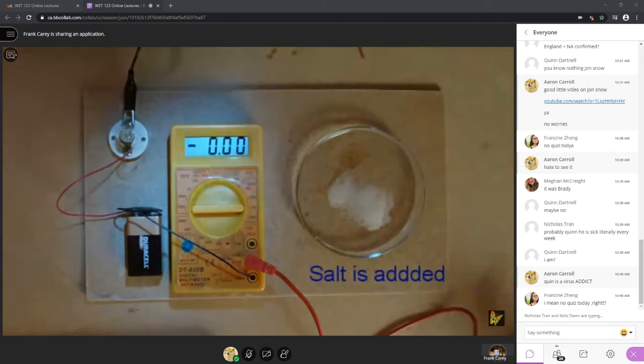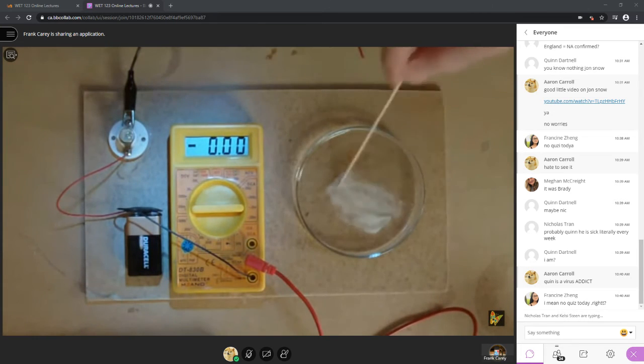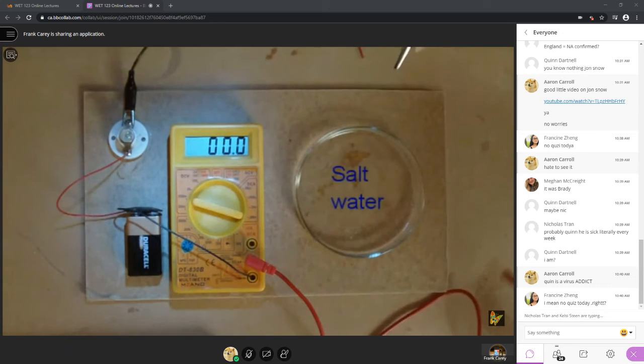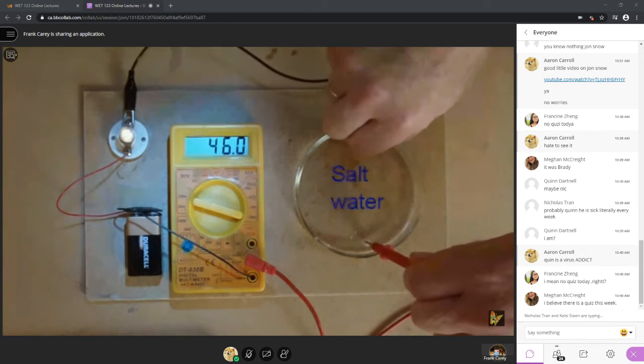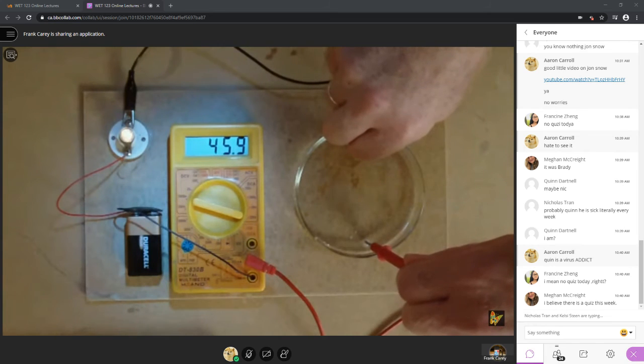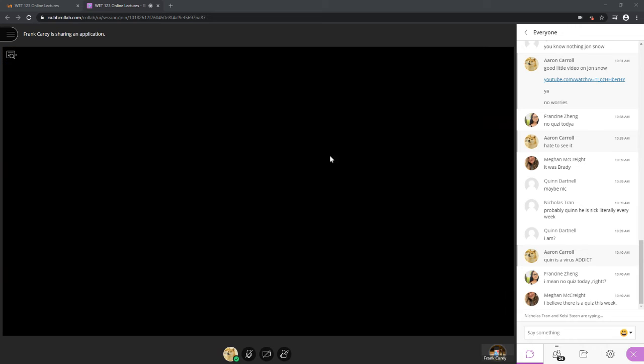And those of you who have done the last portion, I just had you throw pinches of salt inside the water, see if there is indeed a trend. And you can see that the conductivity does increase with the addition of impurities, salts in water.